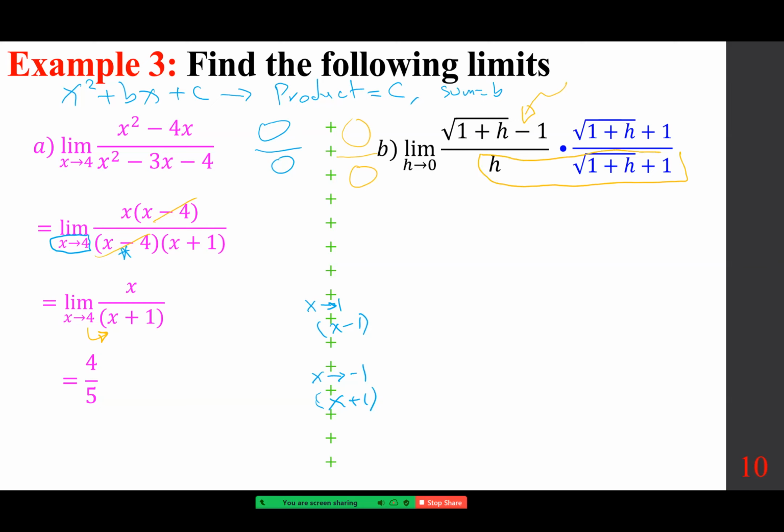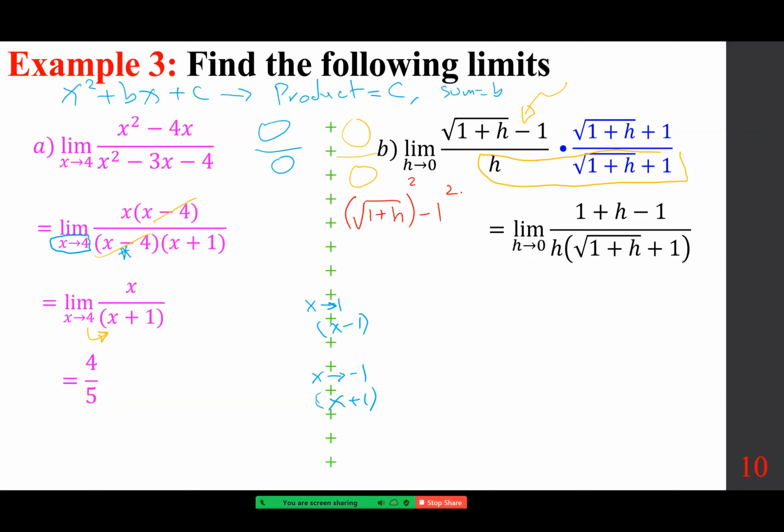The numerator, a minus b times a plus b becomes a squared minus b squared, or the square root of 1 plus h squared minus 1 squared.